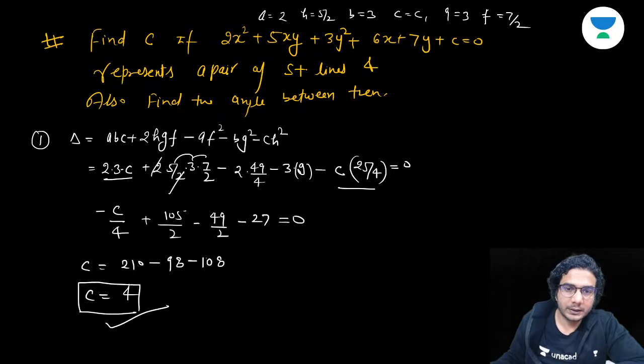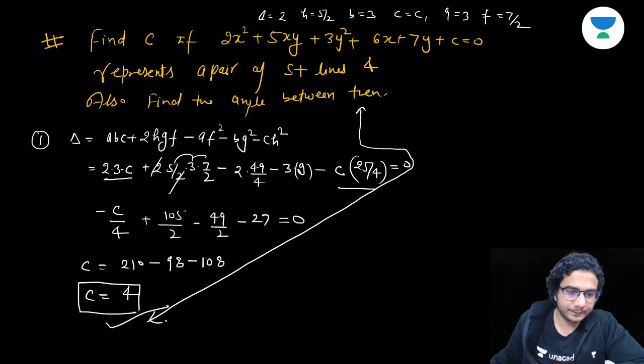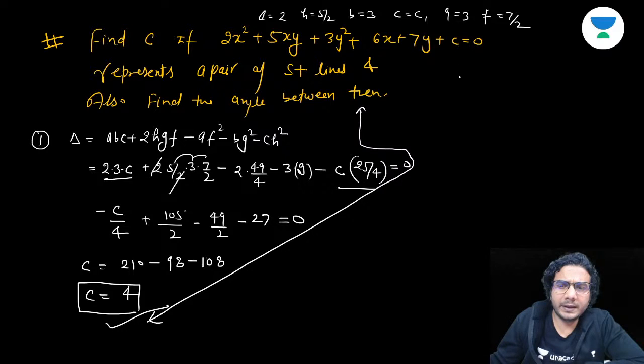Students do calculation mistakes in this, so just do it carefully. Write the values of A, B, C, H, G, F carefully. Now applying the angle is a simple thing.